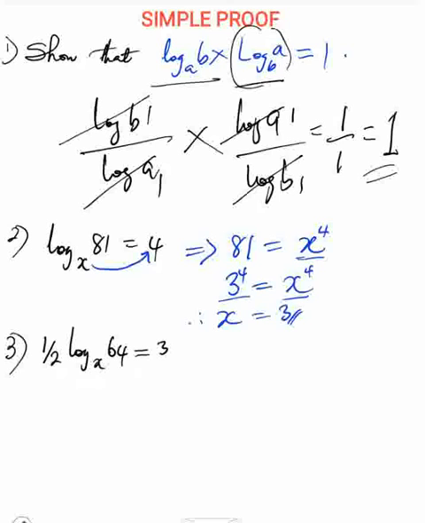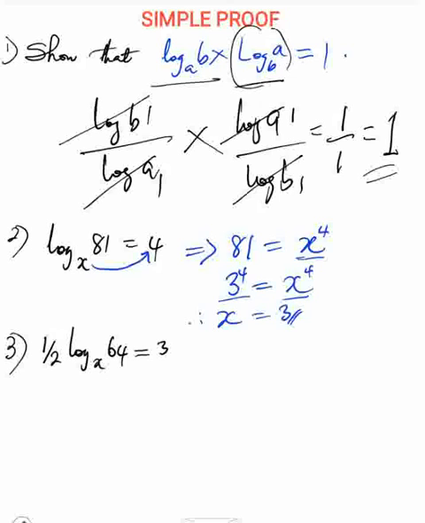Now, the second one, the third example here, we have half log 64 base x equal to 3. There are many ways we can do this, but let's follow this way for the sake of this lesson. I can simply say multiply both sides of this equation by 2.